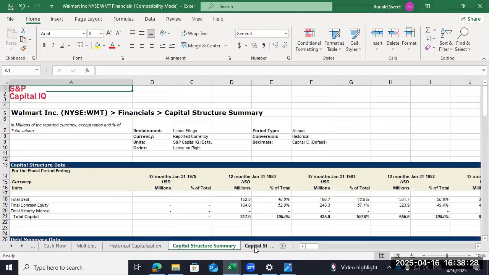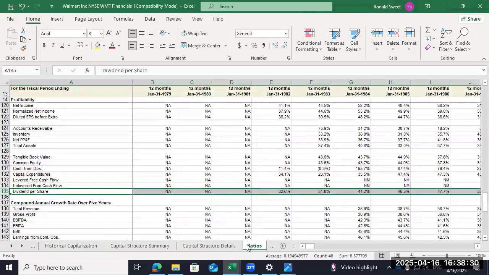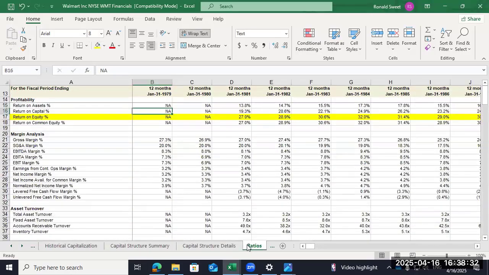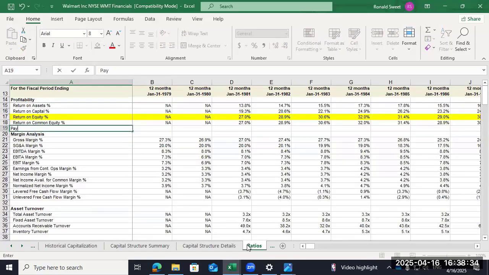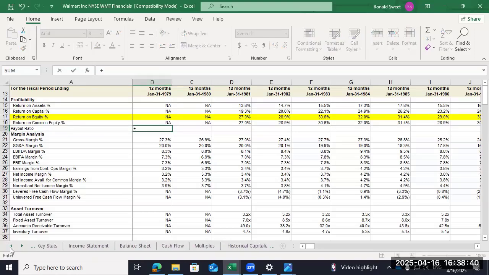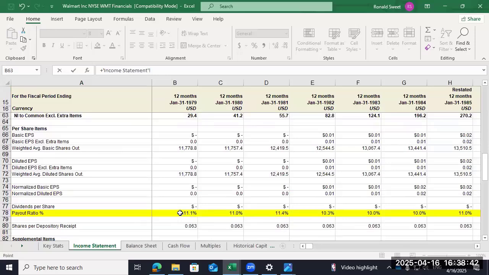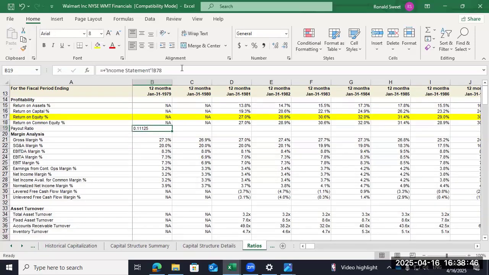So I'll go back to the ratios, and I'll just bring this over, the payout ratio, and go get that from the income statement.